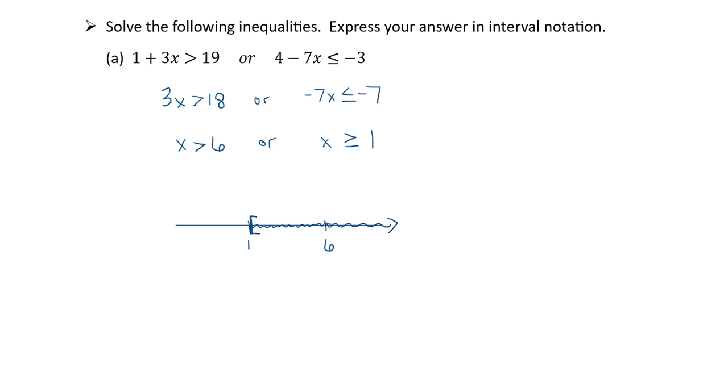And we don't have to mention it when we put our answer into interval notation because there's nothing interesting going on at that point. We're just going from 1 to positive infinity, and that is our answer in interval notation.